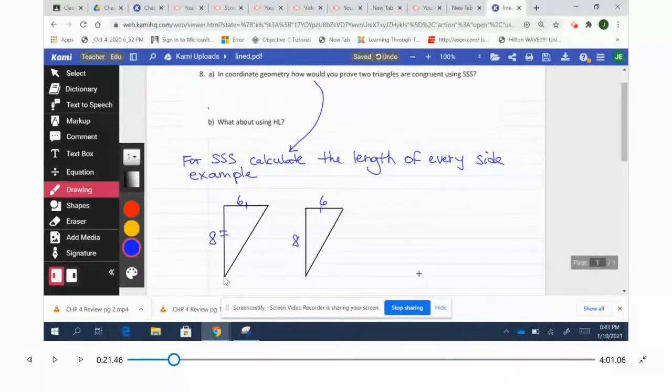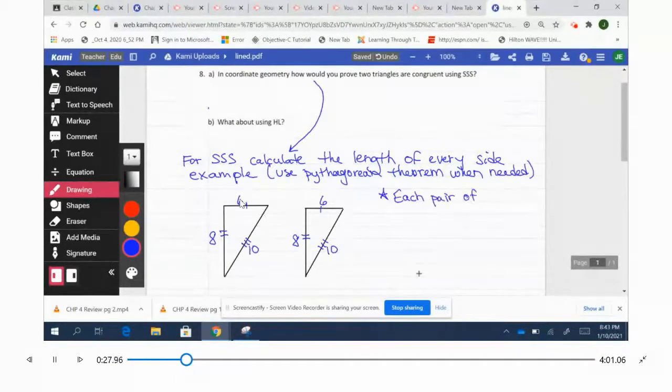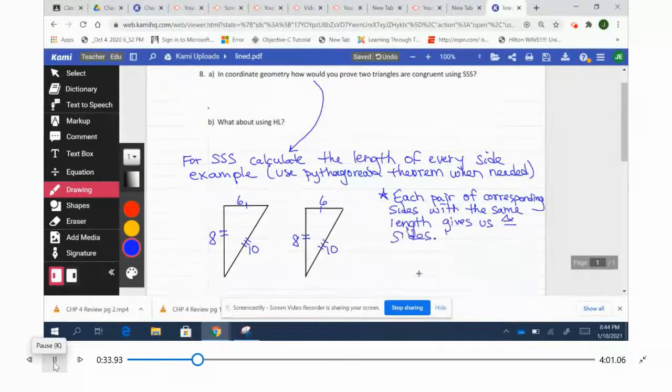The third side you would get from Pythagorean theorem. You would show 6 squared plus 8 squared equals 100. Square root of 100 is 10. So in both cases, that third side would be 10. So equal length sides gives us congruent sides. And there's 3 pairs there, so side, side, side.